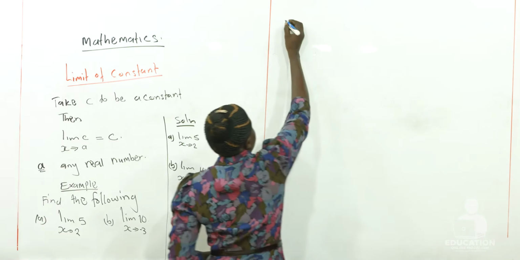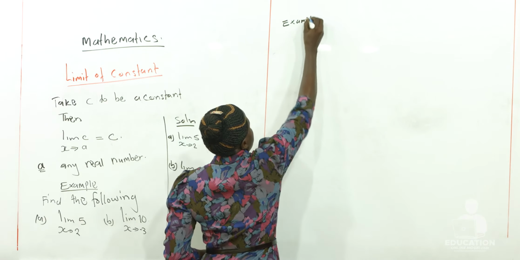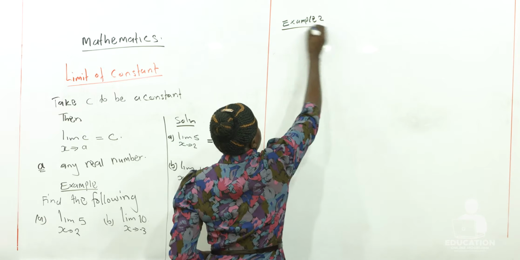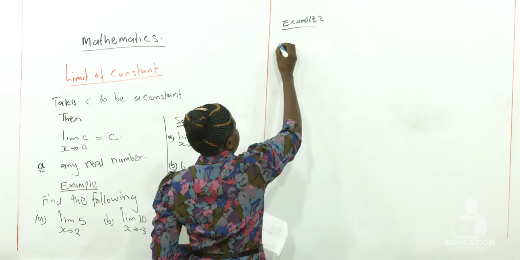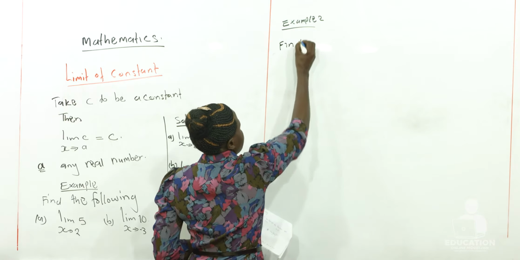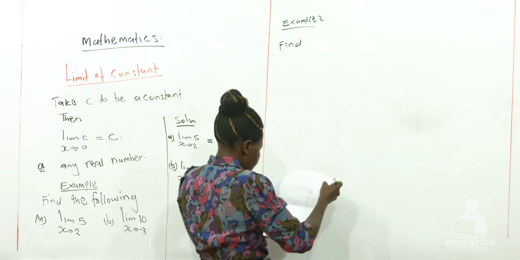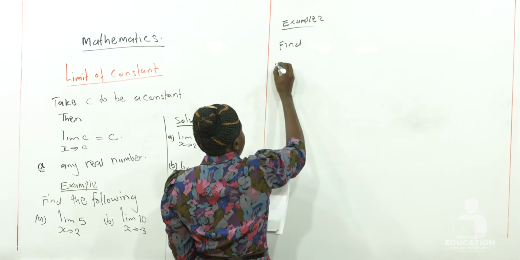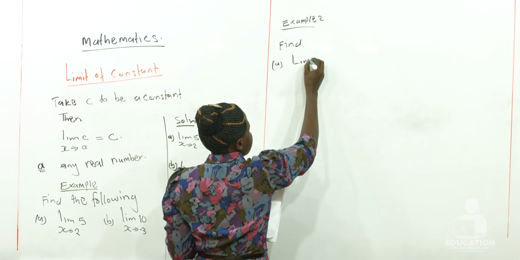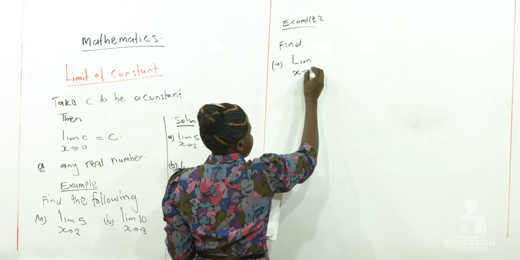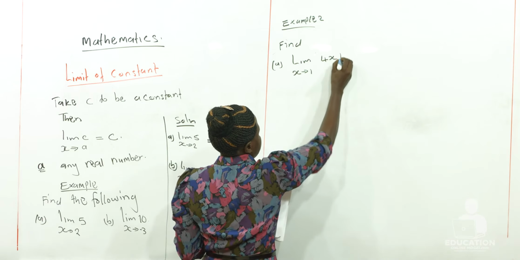Now when we look at example 2, find the following. A: lim as x is approaching 1 of 4x plus 3.